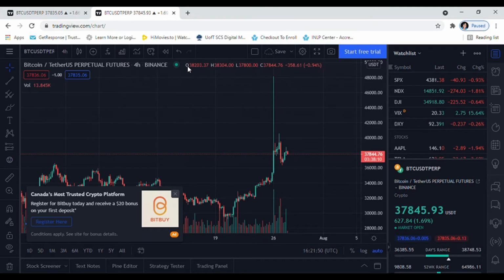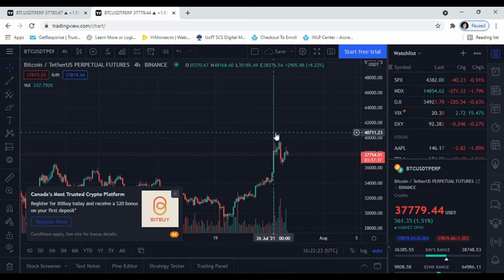Now, these numbers that are appearing at the top, whenever you touch a candlestick, are representing something. So the O means open. That price beside the O, so if I touch this candlestick, that is the price that this candle opened at in that period of 4 hours. That's when it opened, right? And the H stands for high, and that is the highest price that it went to in this time frame.